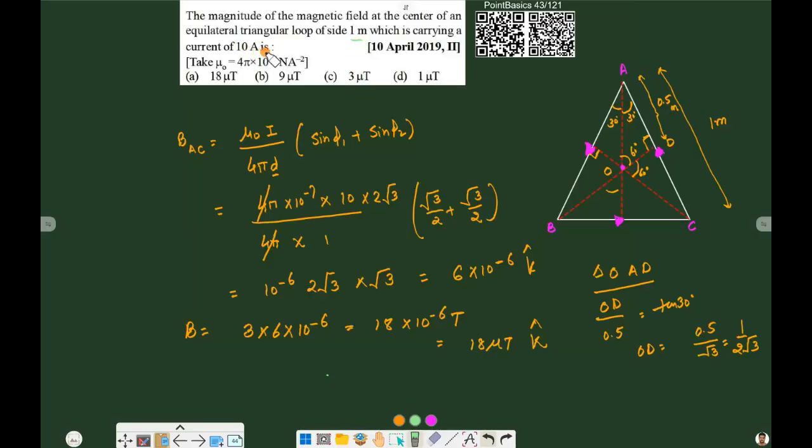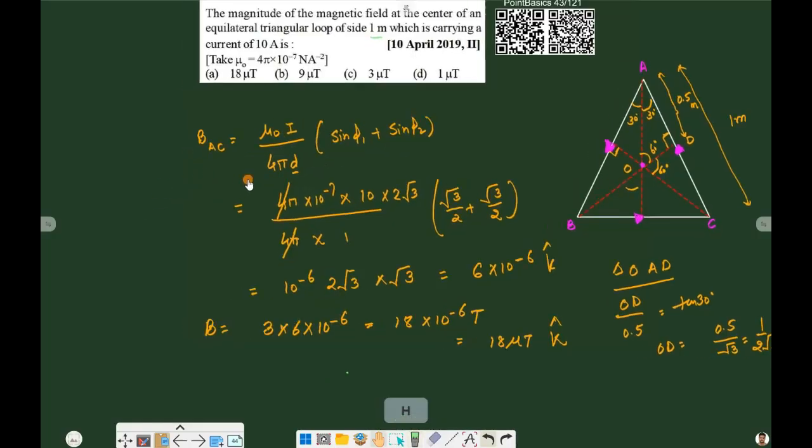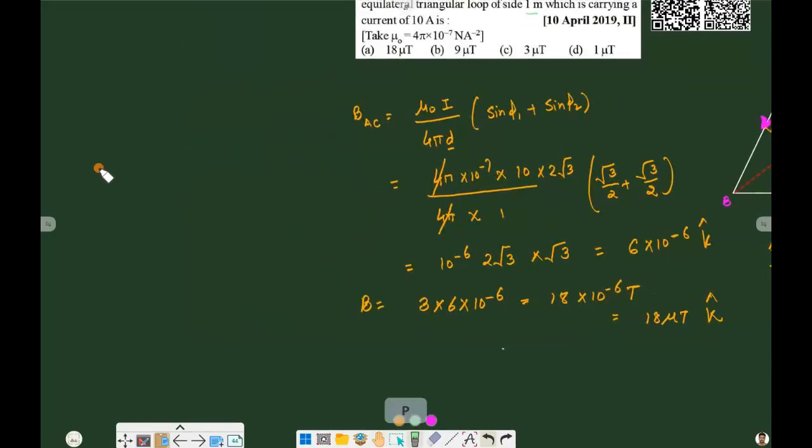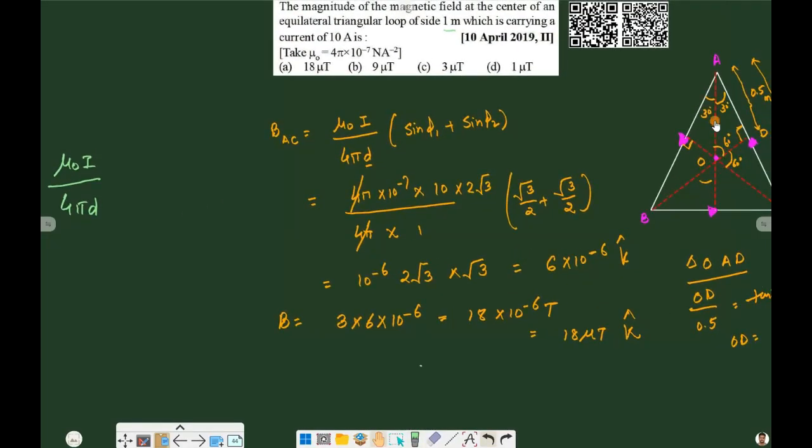So here is how we solved it: we found out the value of magnetic field due to one of the sides, and then we multiplied it by 3, and we can see from here that this value can be reduced to B_AC equal to mu node I by 4 pi d, as these angles will stay the same.